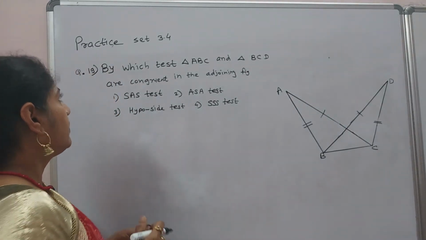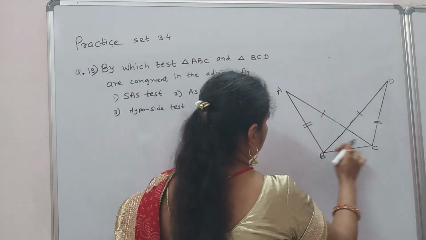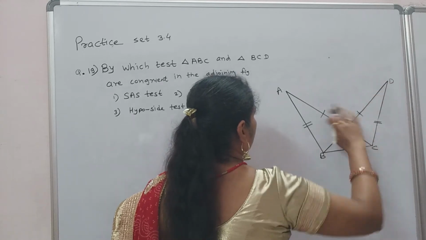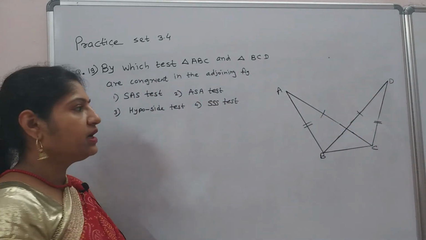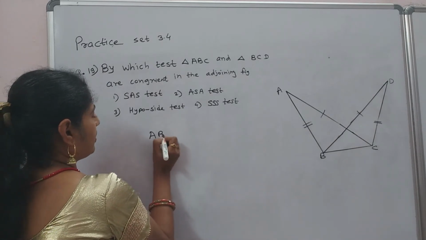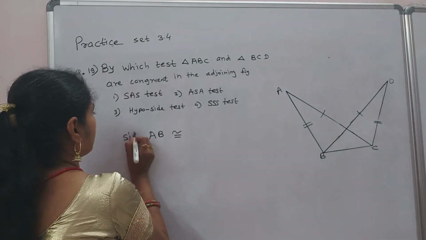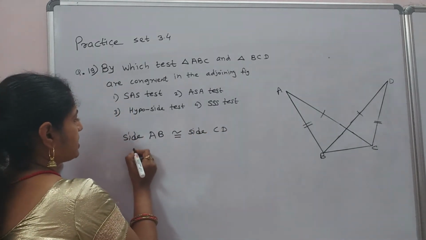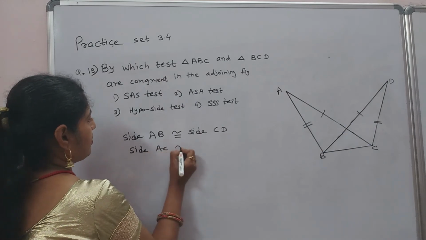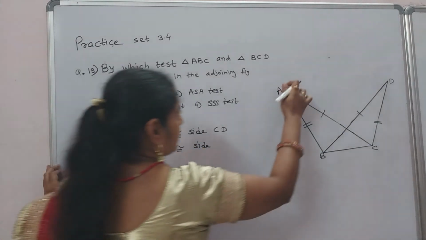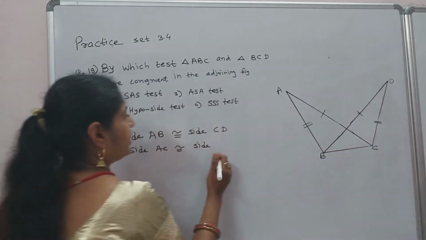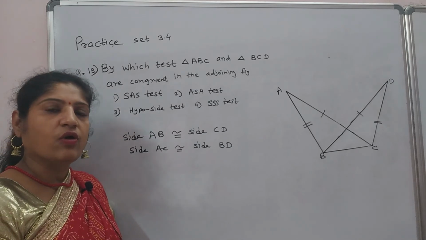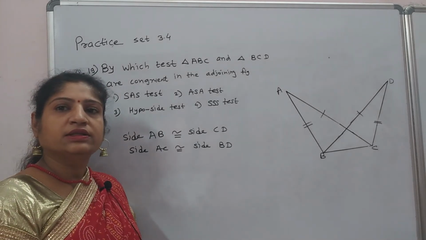Next question. By which test are triangle ABC and triangle BCD congruent? Identical marks are given. AB congruent with side CD, side AC congruent with side BD. Only a pair of two sides are given congruent, and we need the 3 parts.